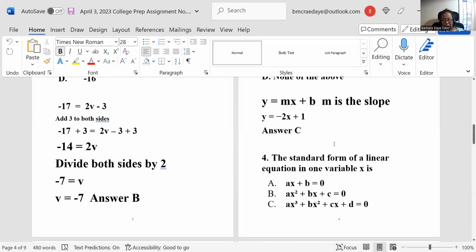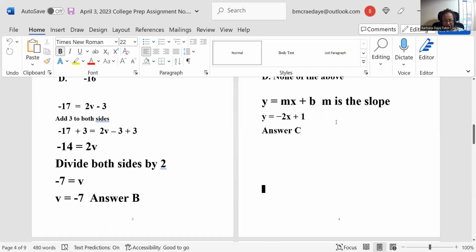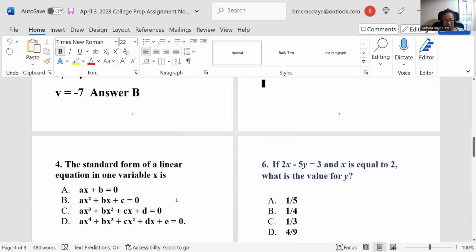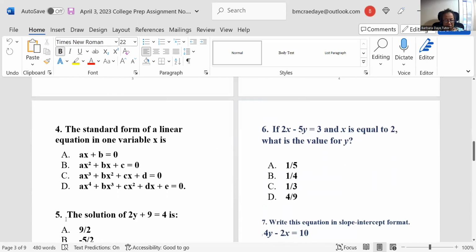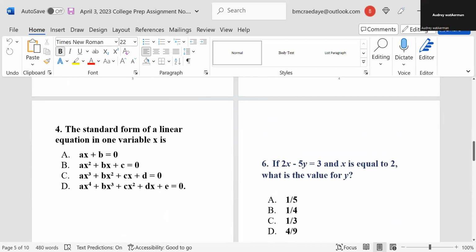Number 4. Let me put this on the next line. Mercedes, the standard form of a linear equation in one variable x is which one of these? I don't quite remember. I want to guess.